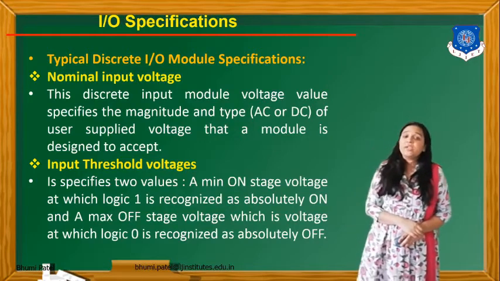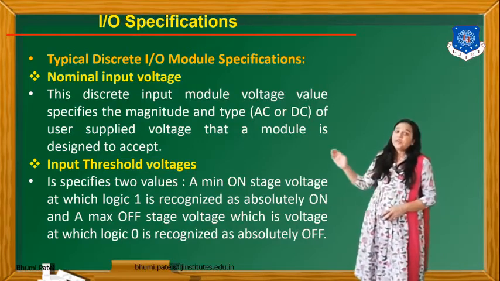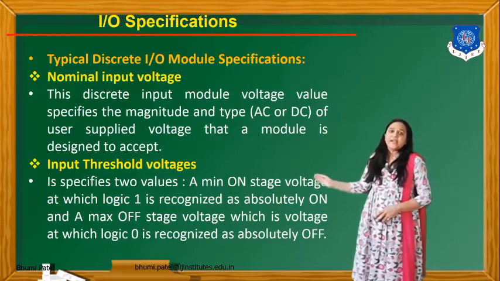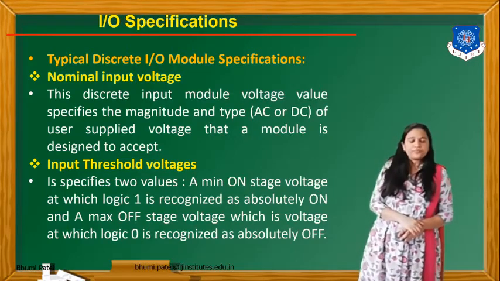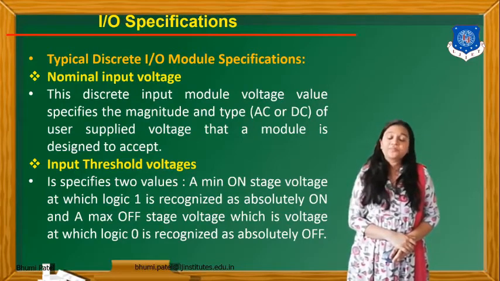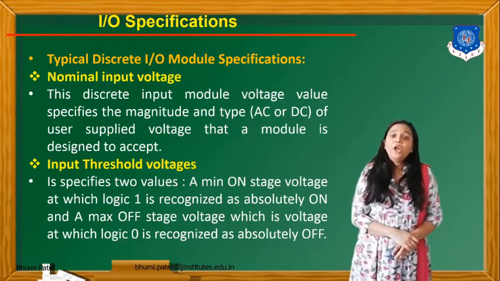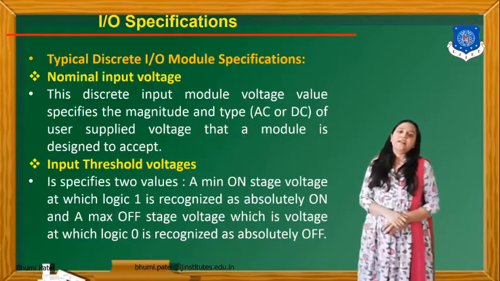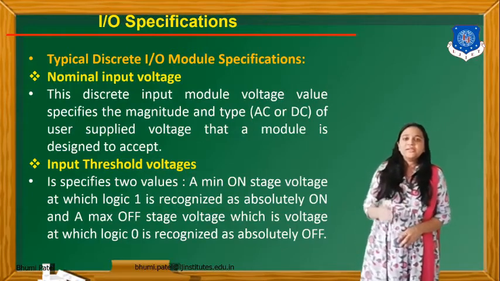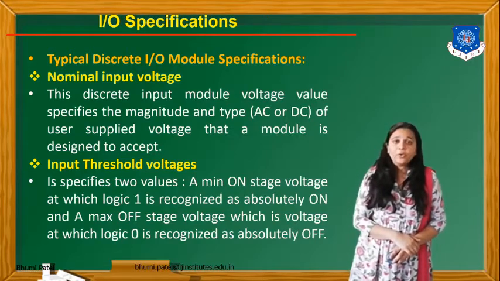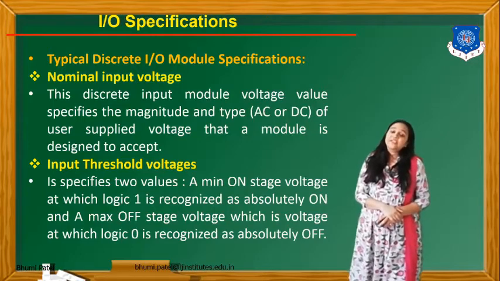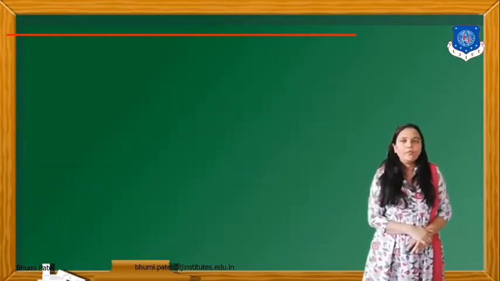So the minimum on state voltage is the voltage at which logic 1 is recognized as absolutely on, and the maximum off state voltage is the voltage at which logic 0 is recognized as absolutely off. As you know, the digital threshold value works only at the high or the low level. So it always specifies the two values.